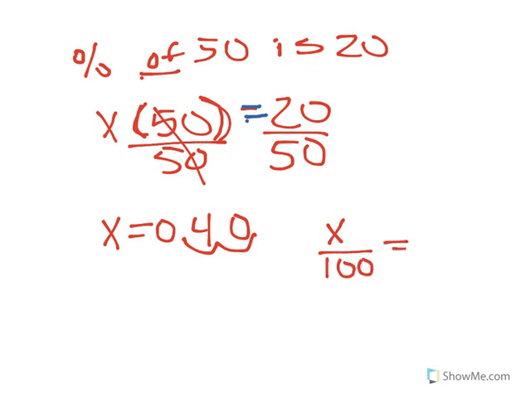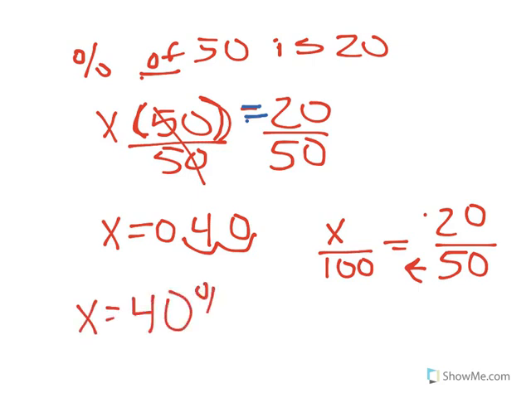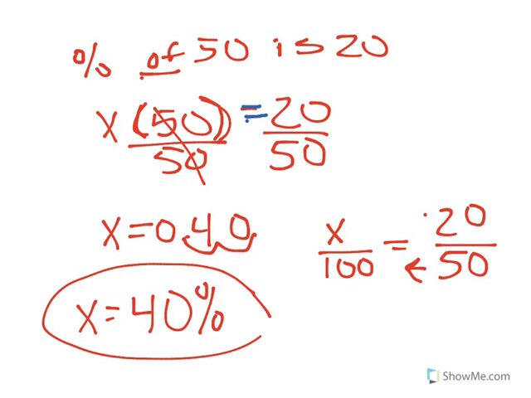I know it's over 100. Is over of, times 2 times 2, and you still get 40. So x equals 40%. Now this one was 0.4. That's a decimal equivalent. Again, turn it into percent. Percent means out of 100, so we move the decimal 2 places to the right, so we get 40, so 40%.